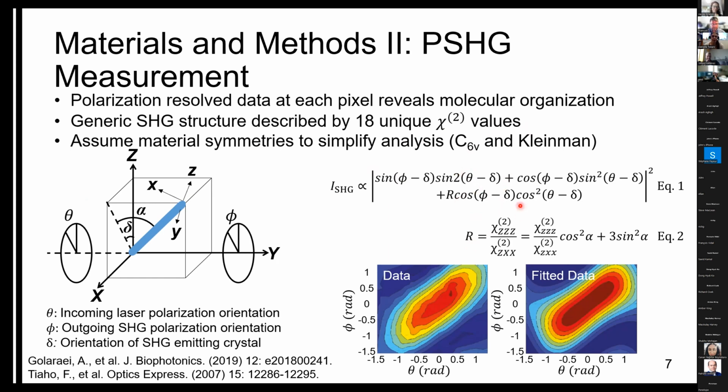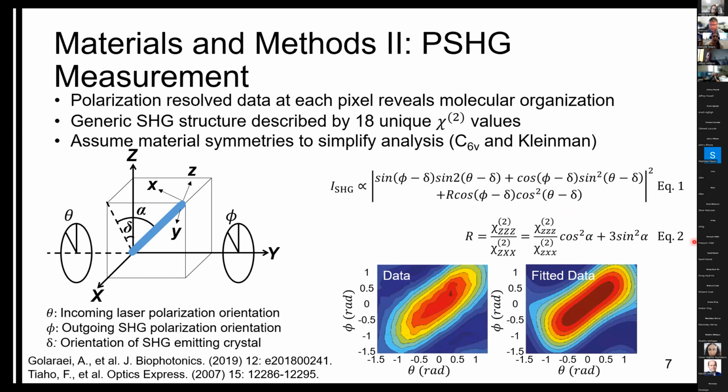And I'd like to point out that when the SHG emitter is on the imaging plane, XZ, then the laboratory R parameter is equal to the molecular R parameter. But when the SHG emitter is tilted out of the image plane by alpha, then the laboratory R parameter is related to the molecular R parameter by using equation 2, where we see some sort of offset by alpha.